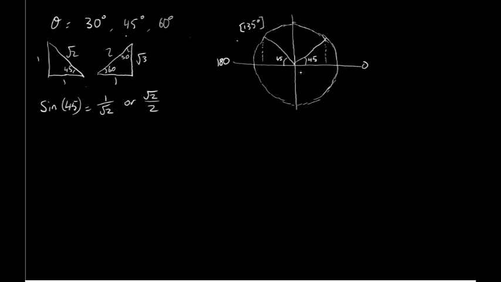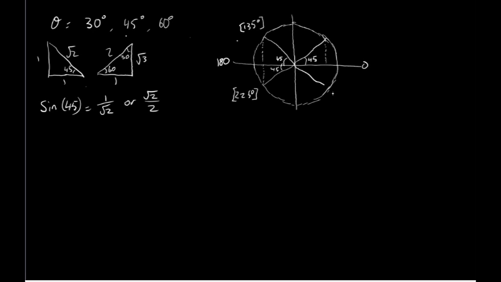The other option is I can actually flip that as well, going the other way across the horizontal, and it would be 180 plus another 45. So instead I'll have 225 degrees. And then over here I can do the same thing.